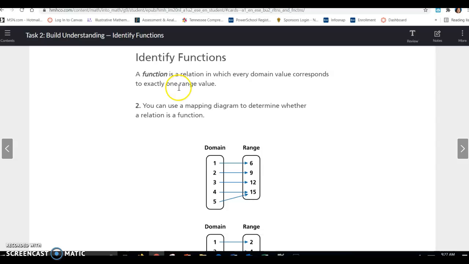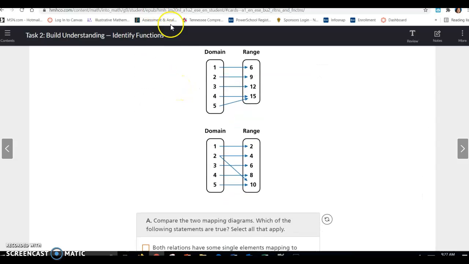Exactly one is the same thing as being unique. So this goes (1, 6), (2, 9), (3, 12), (4, 15), and (5, 15). Each element of the domain is unique, or is assigned to exactly one value or one ordered pair. So this would make up a function.